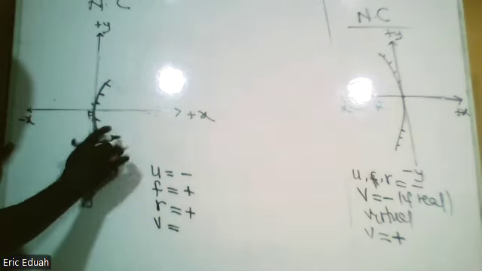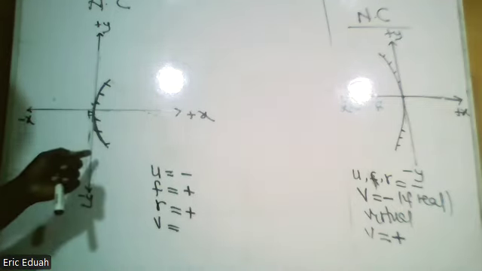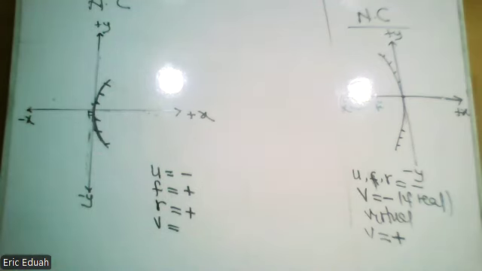Once it is shaded, you must know what kind of mirror this is. Would v be positive or negative? Negative, because any image formed in a convex mirror is always virtual.